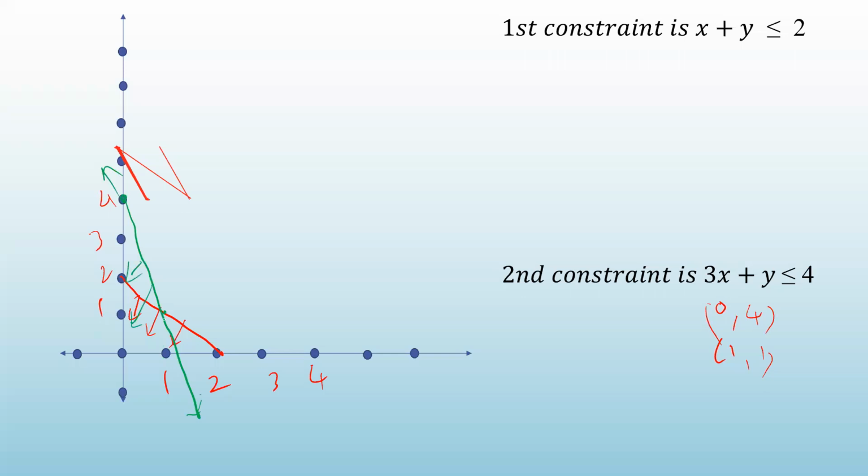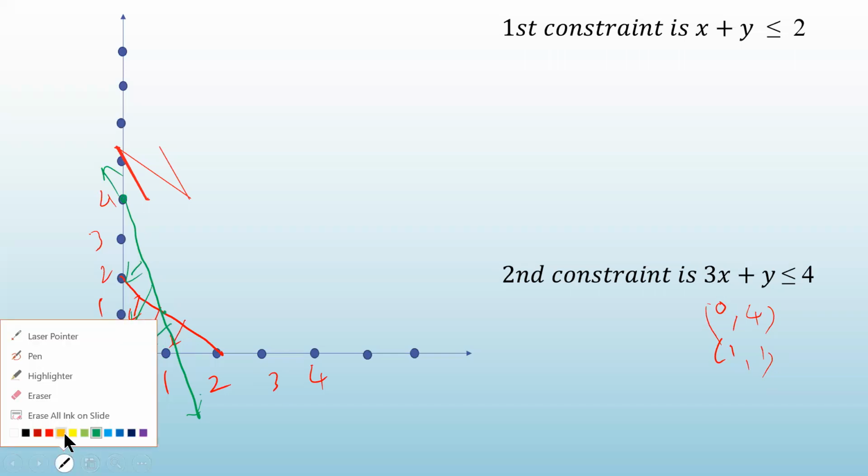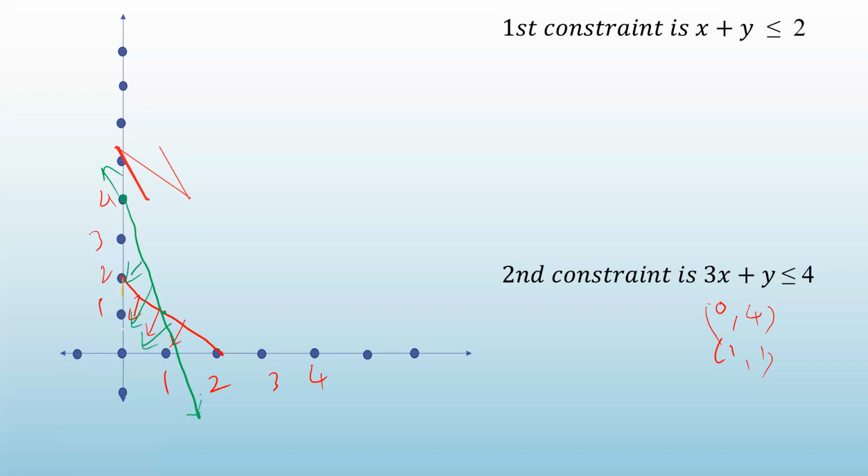Everything which is shown by green color. Now we have to see what is the common region. So you can see here the region which is common to both, that means the region which has red as well as green color, it is this region. So this is the feasible region which I am showing by golden color.